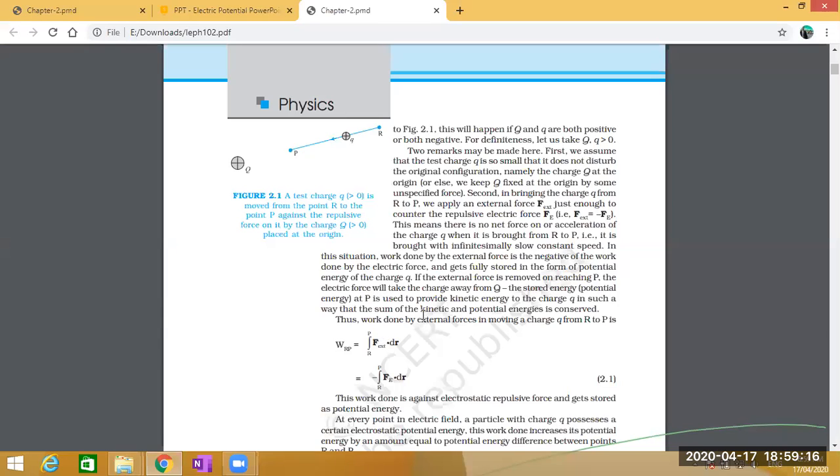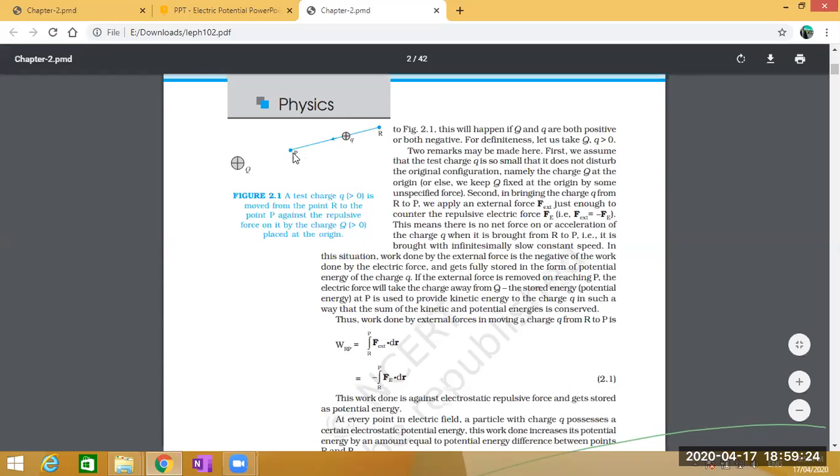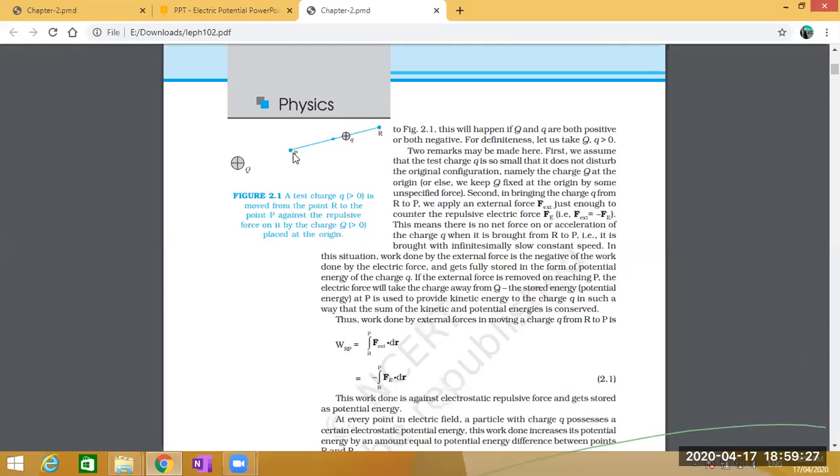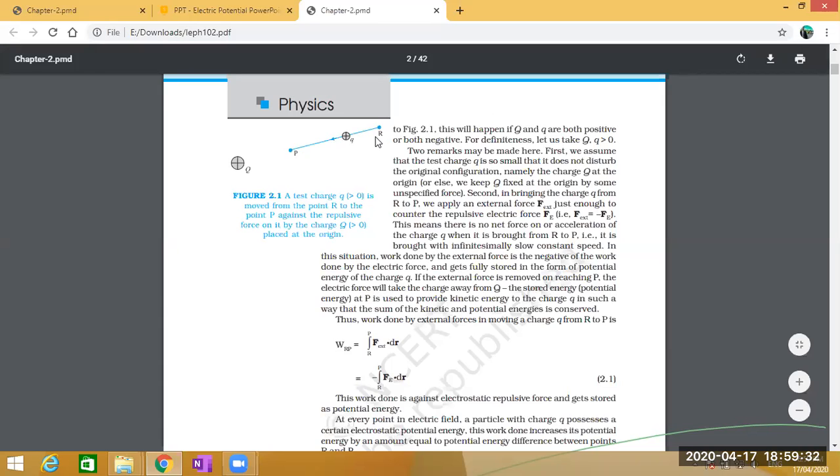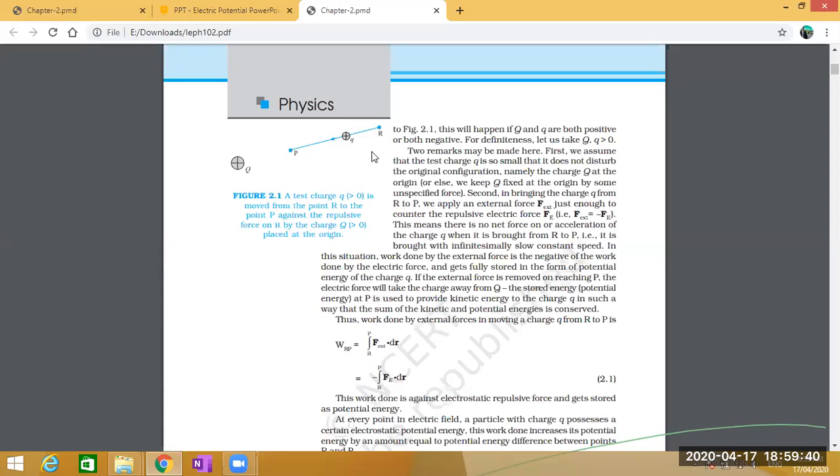One more thing to be remembered is that while bringing this test charge from infinity to point P, one has to be careful that this test charge must not be brought so fast, because if you bring it briskly, then this test charge will have two kinds of energy, kinetic energy as well as electric potential energy.